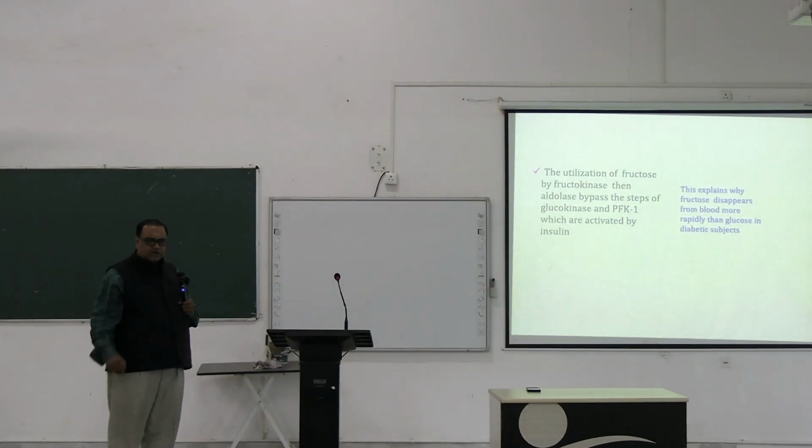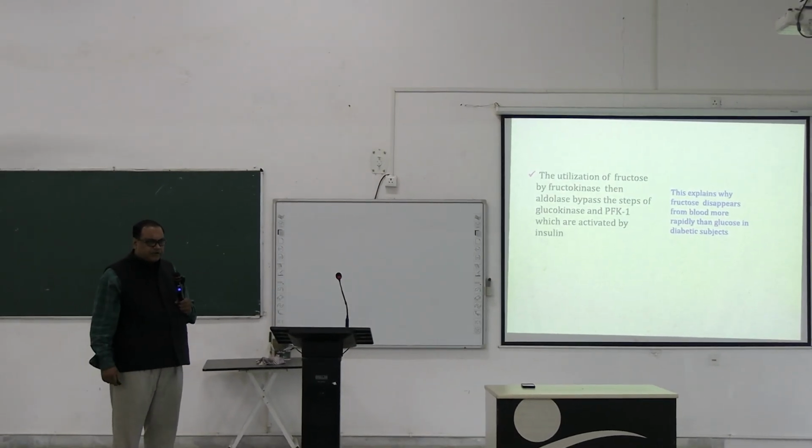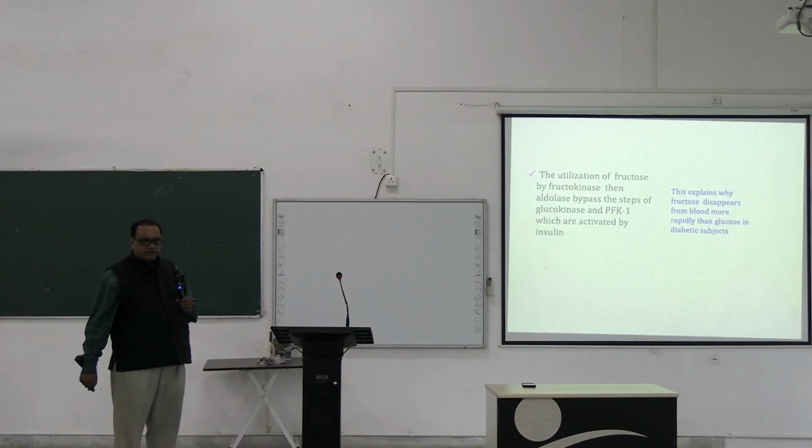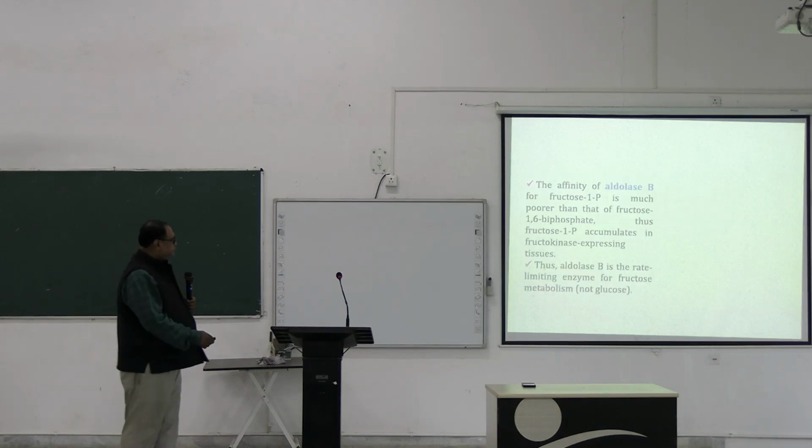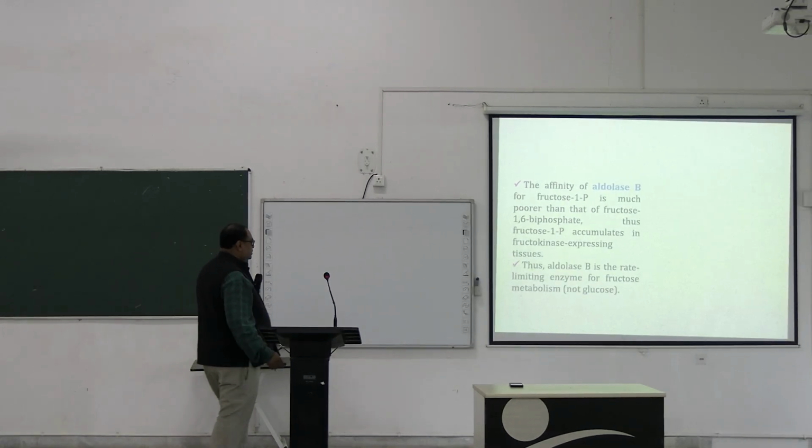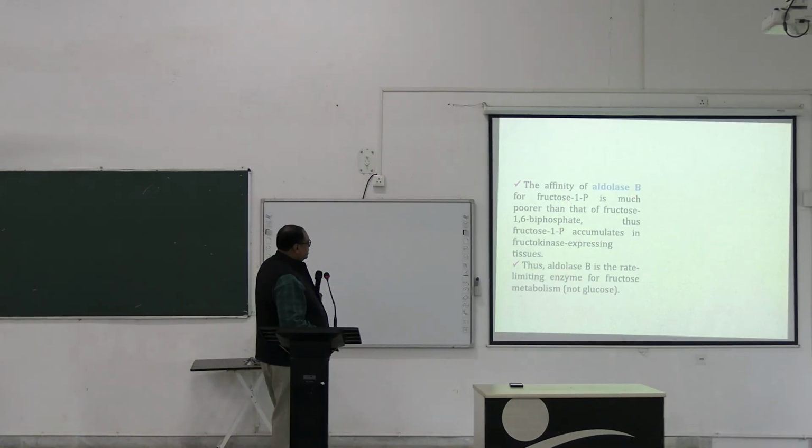So there is no regulation by the glycolytic pathway over fructose metabolism. Okay. Now, the affinity of aldolase B for fructose 1-phosphate is much poorer than for fructose 1,6-bisphosphate. Thus, fructose 1-phosphate accumulates in the fructokinase-expressing tissue, that is liver.